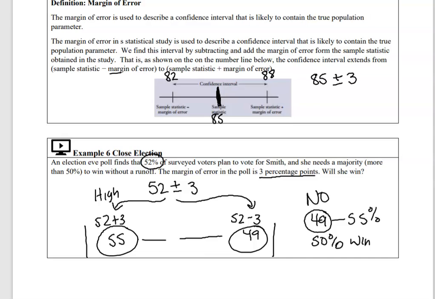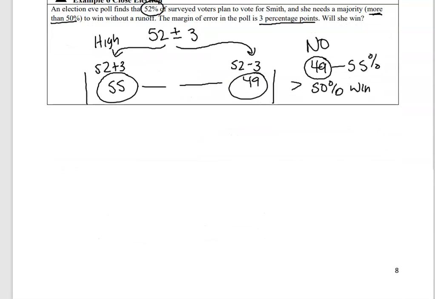Now, if they had a margin of error of 2 percentage points, then this number would be 52 minus 2, which is 50. And actually, she needs more than 50% to win, so not even at 2% would we know for sure. So the answer to that question was no. That margin of error is not enough to tell us.